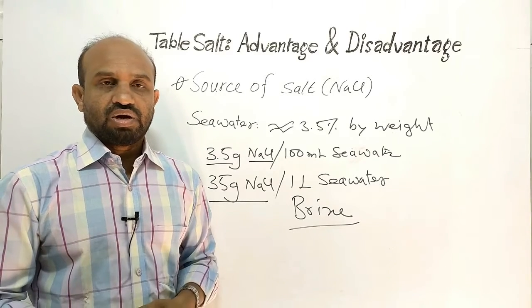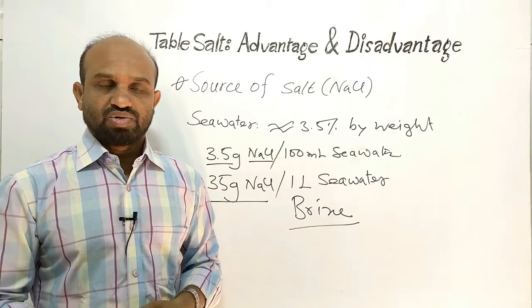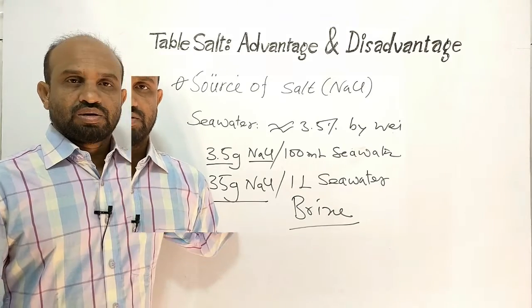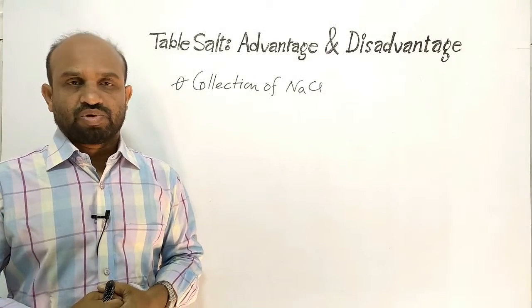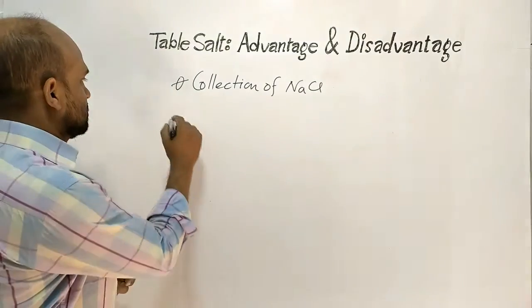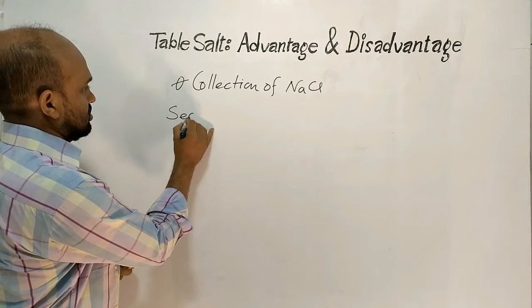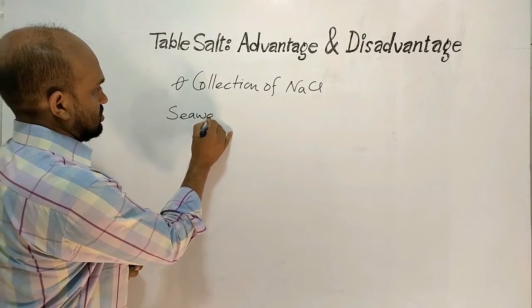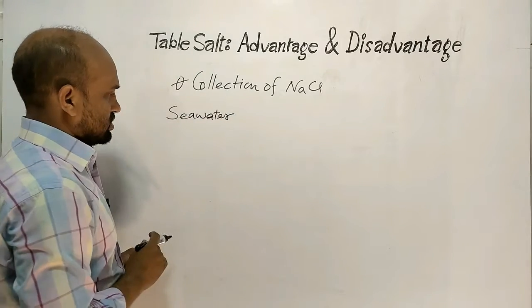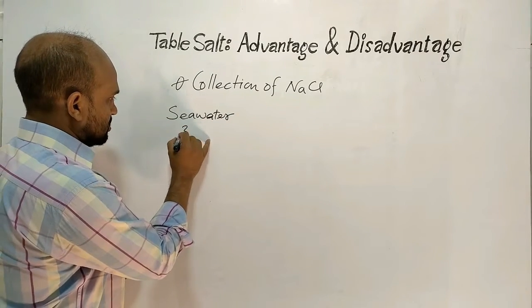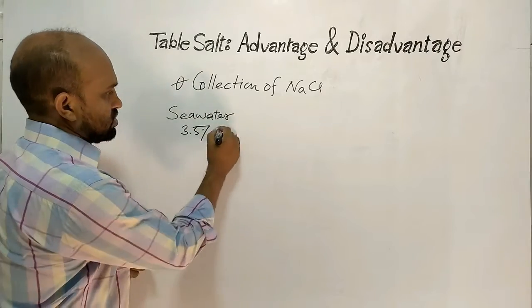Now let's see how can we collect sodium chloride from seawater. Collection of sodium chloride from seawater. Seawater that contains 3.5% sodium chloride.